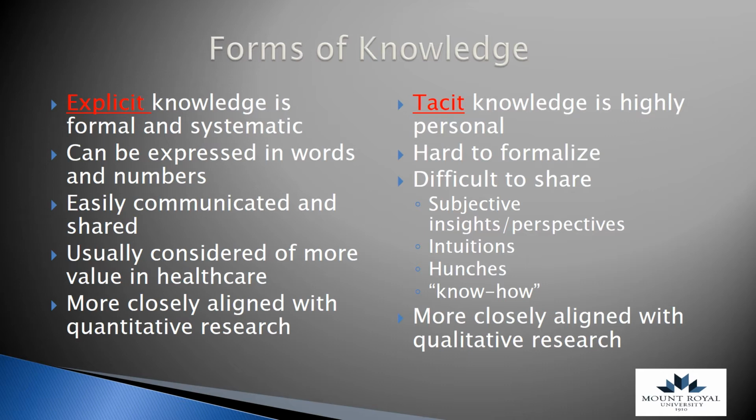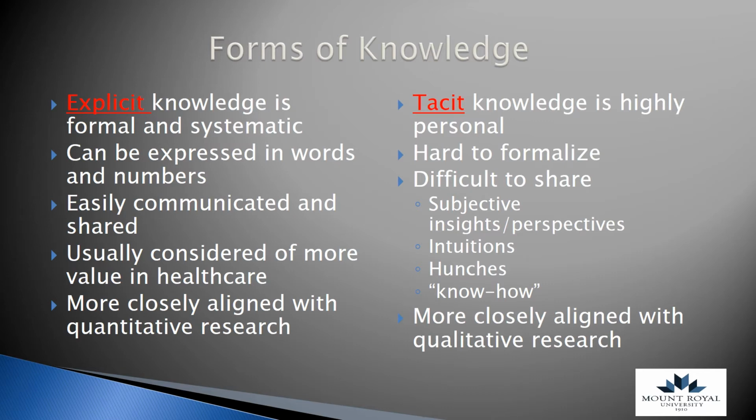You can think about some of the things in your nursing textbooks as likely examples of explicit knowledge. It's usually considered of more value in healthcare, and historically has been, although we're starting to put more weight or value on tacit knowledge. And explicit knowledge is more closely aligned with quantitative research.